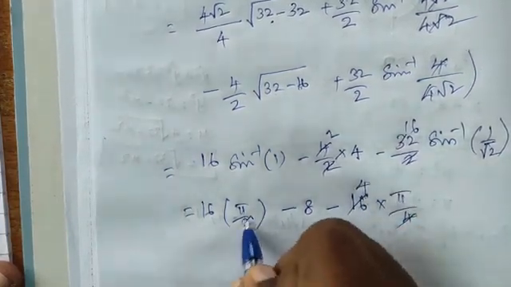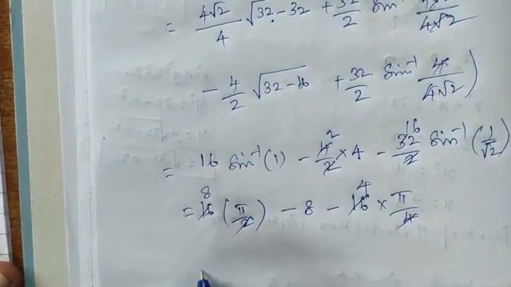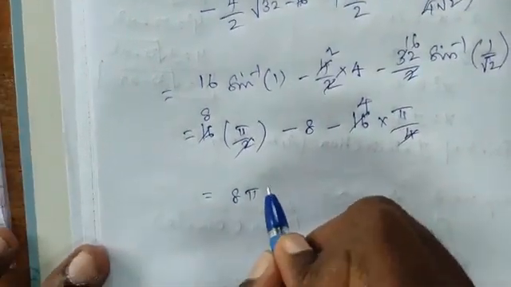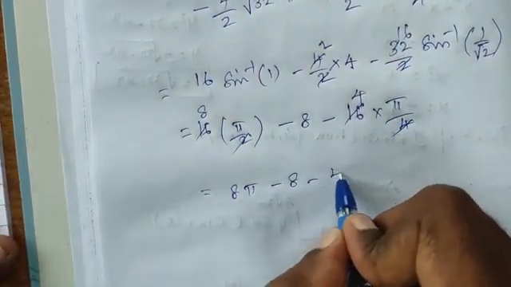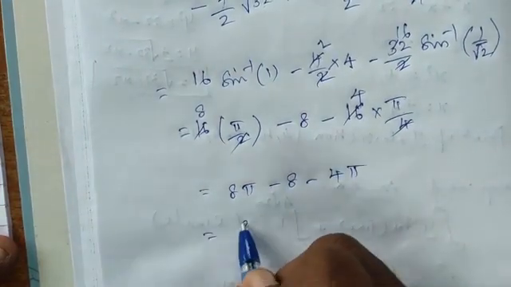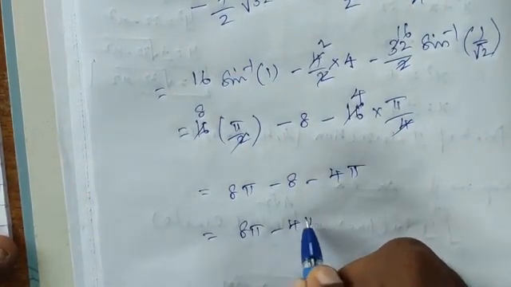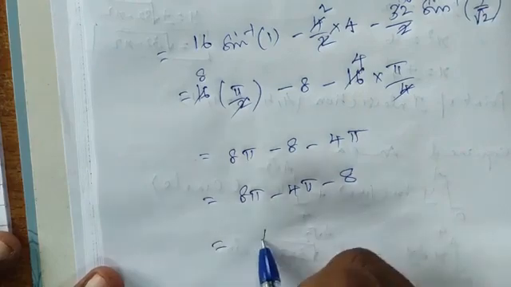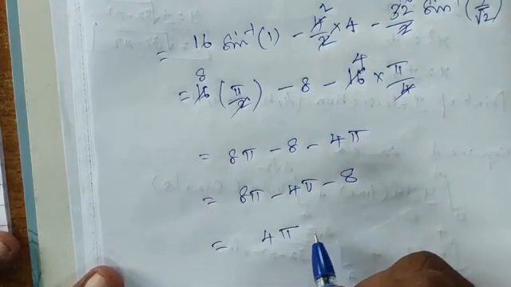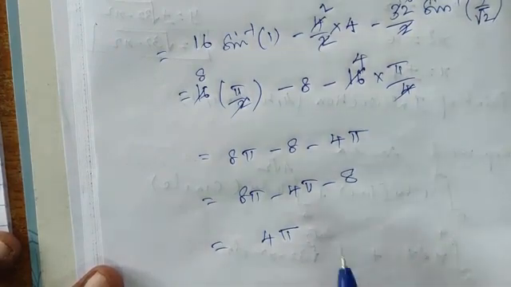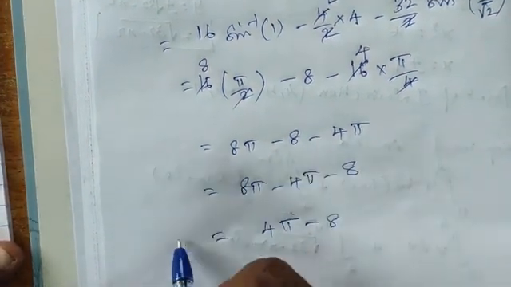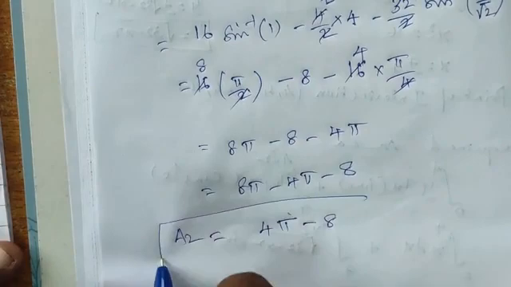So 16 by 2 is 8, so 8 pi minus 8 minus 4 pi. So 8 pi minus 4 pi is 4 pi, minus 8. So this is area A2.